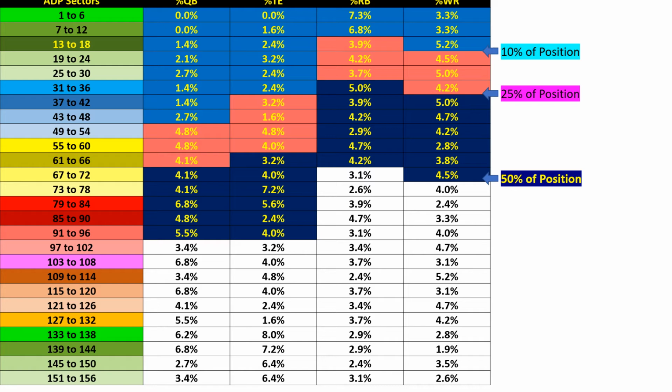This is showing us the same thing, but now we're looking at all 4 positions. Right away, what jumps out to me is that in the first 12 picks, 10% of all the running backs that will be drafted in your league in that draft are gone. So the top 10, presumably, at least people are predicting these are the top 10, are gone.